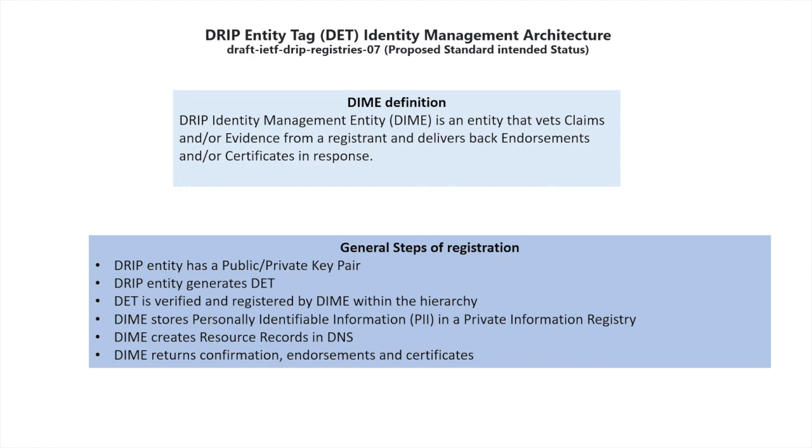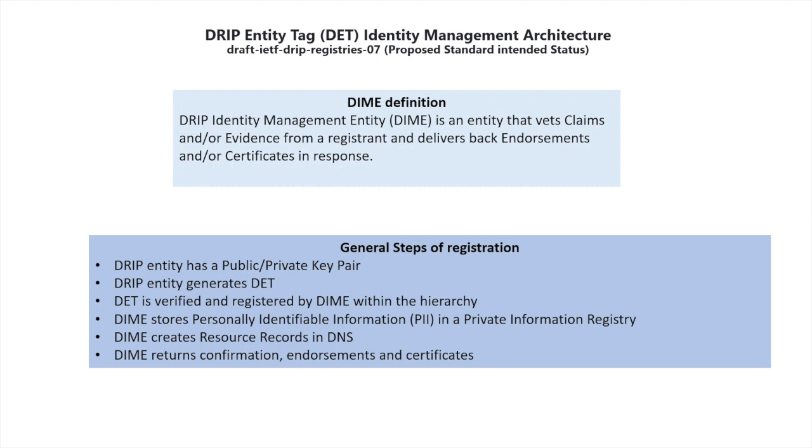endorsements and certificates. In DRIP, each entity, such as registry, operator, aircraft, is expected to generate a DRIP entity ID on a local device, which holds public-private keys. These are registered with a public information registry within the hierarchy, along with whatever data is required.